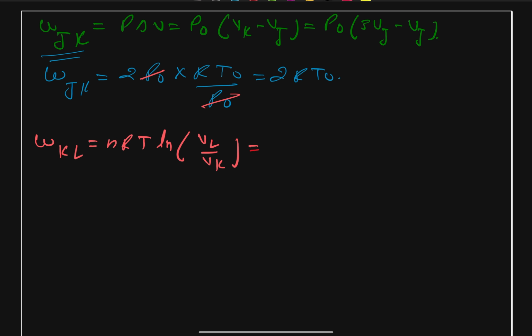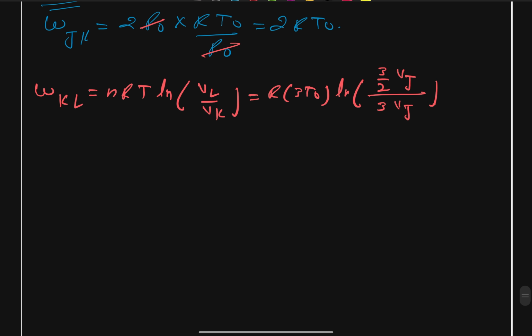We can write this as R times 3 T naught natural log of Vj over 3 Vj. The 3 Vj cancel out, so this comes as natural log of 1 by 2, and that will be minus natural log of 2, giving us W KL equals minus 3R T naught natural log of 2.